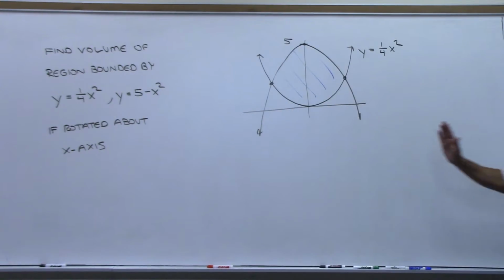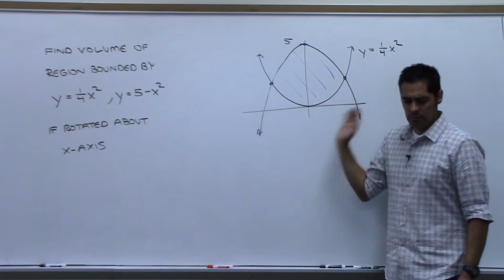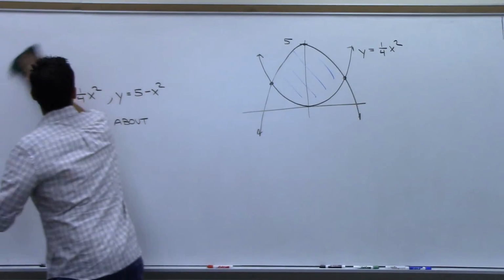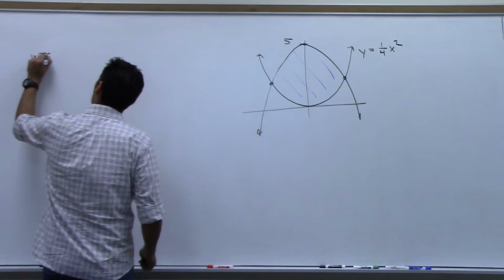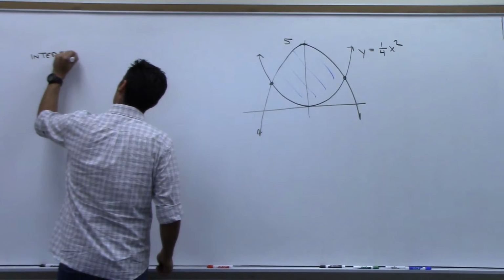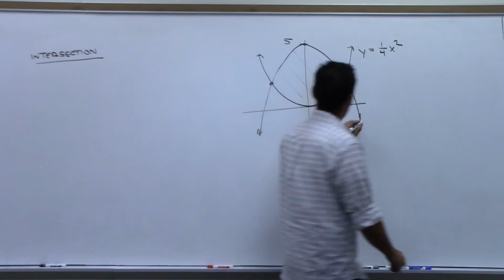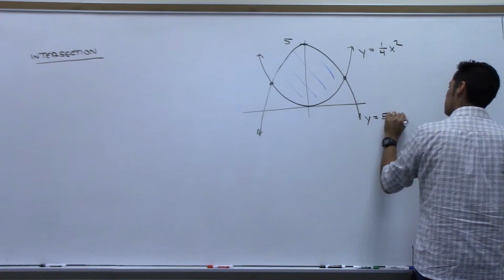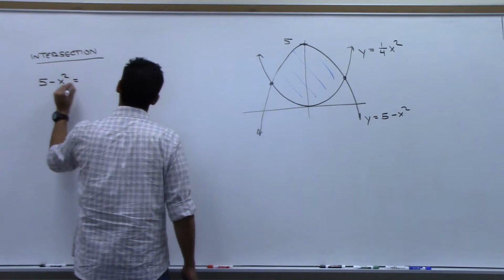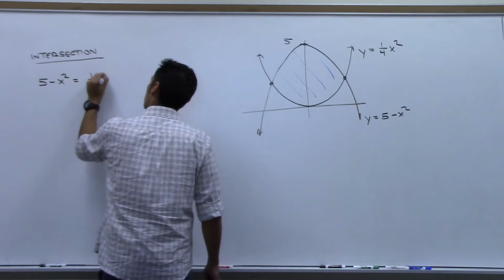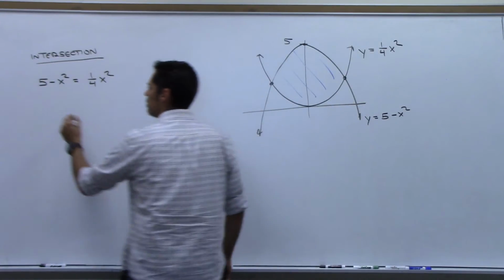Now, I'm going to need my intersection points, right? Would you like to get those now or later? You want to get them now? Okay. So how about the intersections? I didn't write down what this one was. It was 5 minus x squared. So I'm going to set those equal to each other. I'll multiply everything by 4 to clear the fractions.